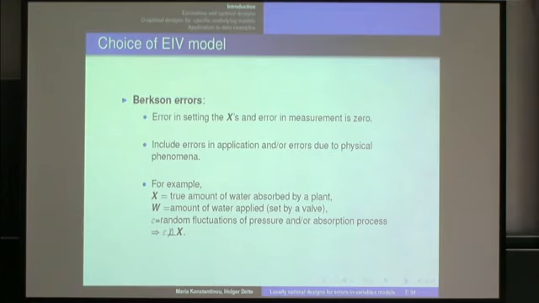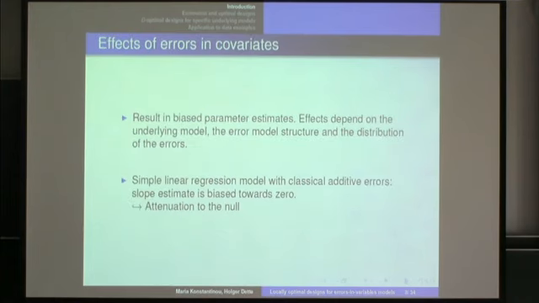So the errors can come either from fluctuations in the water pressure or because of the absorption process itself, or from both. In any case, the epsilon is not independent of x because, for example, if we have fluctuations in the water pressure, then of course these will affect how much water the plant will actually absorb.